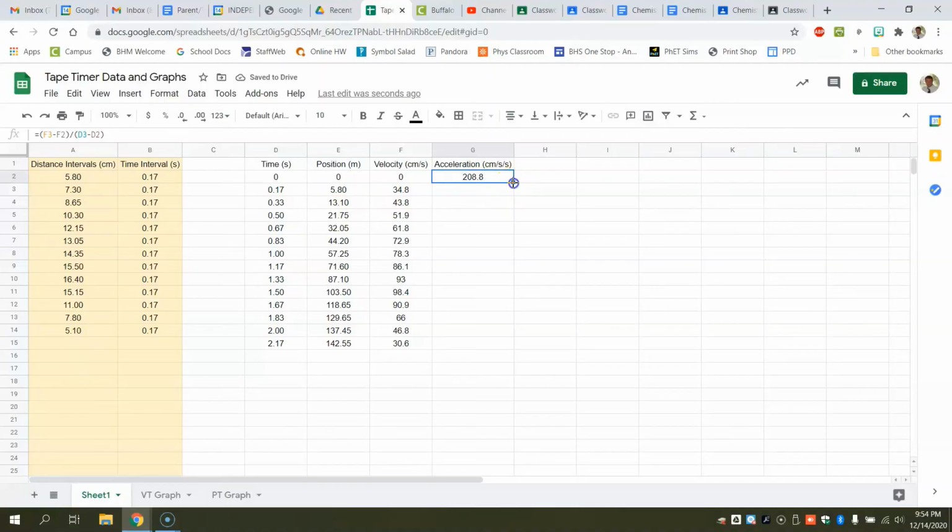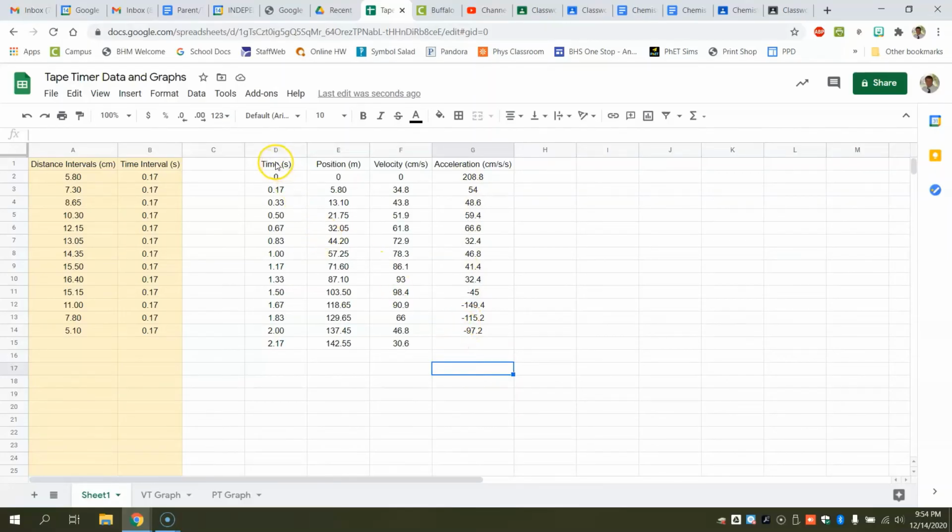Now again, we're going to grab this and drag it down, but that last one we don't need, so we're just going to delete that last one, and that's where we'll get our accelerations. So now we can go ahead and graph this.